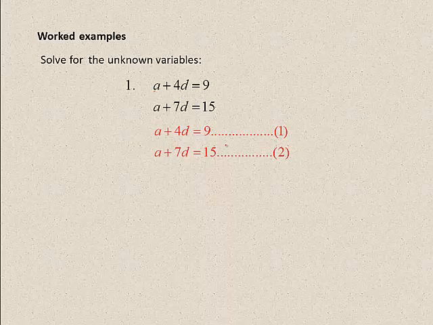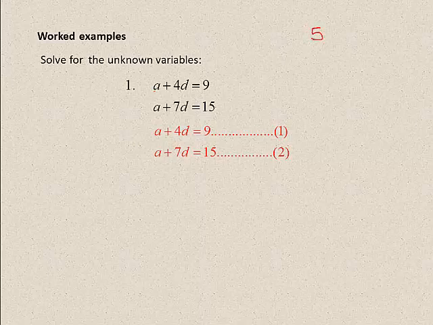Now the method that I'm employing here is called the elimination method. Eliminate means to get rid of something. In this question, I am going to try to eliminate one of the variables. For me to eliminate one of the variables, the coefficients need to be the same, irrespective of the sign in front of them.